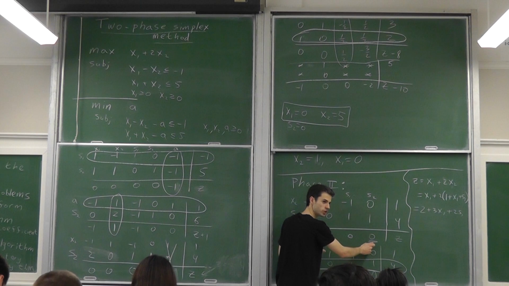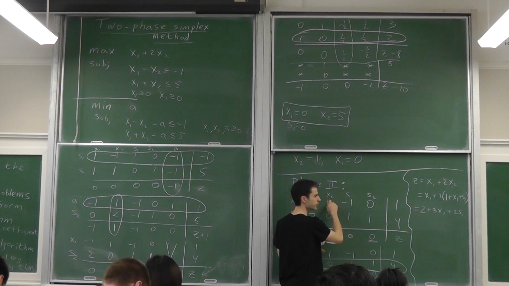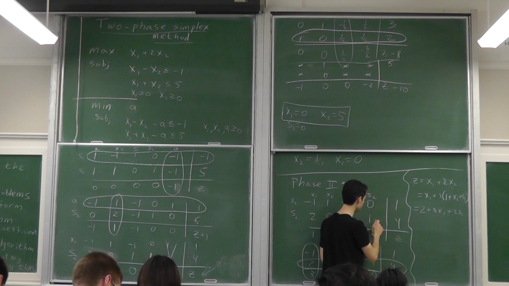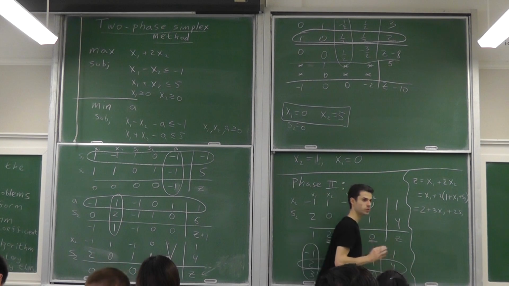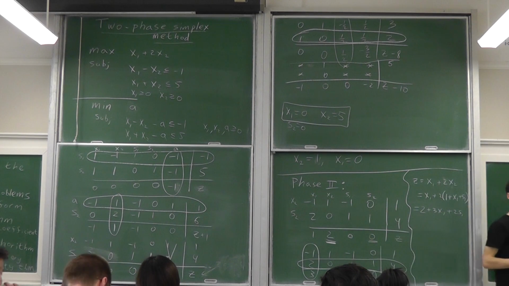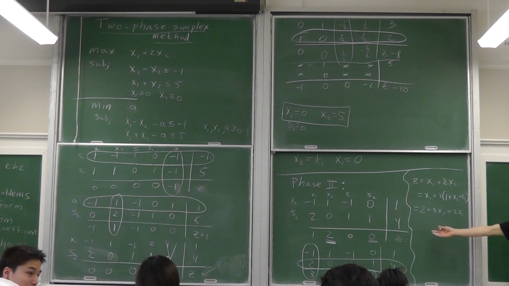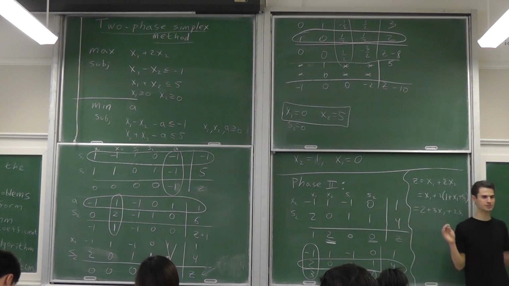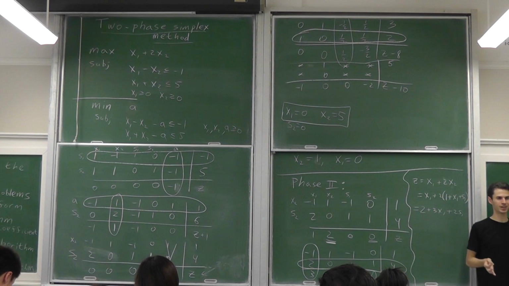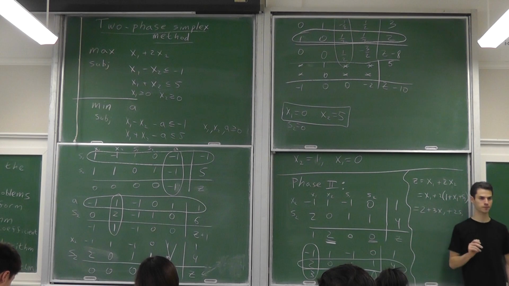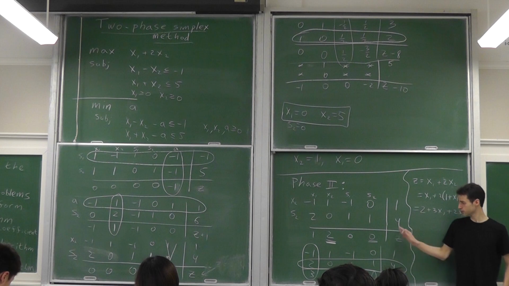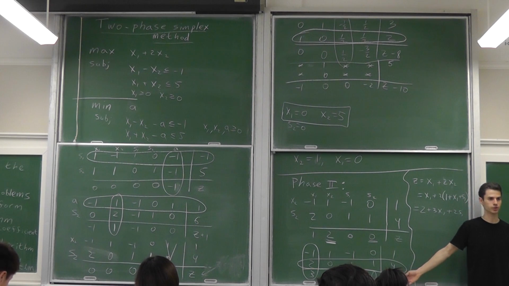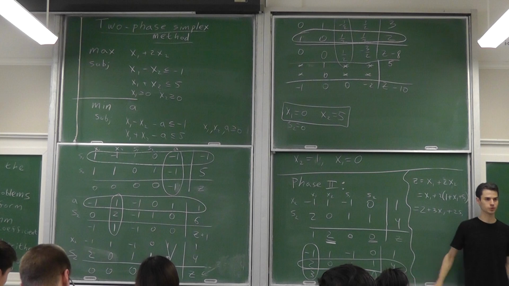So I subtract the corresponding multiple of this row and the corresponding multiple of this row. It's not about making a pivot. I don't have a pivot row or a pivot column. In a way these two columns are pivot columns, but I don't really think about it this way. I just want to make these numbers into zeros. And then the next step is the usual simplex algorithm, no different from the usual steps.